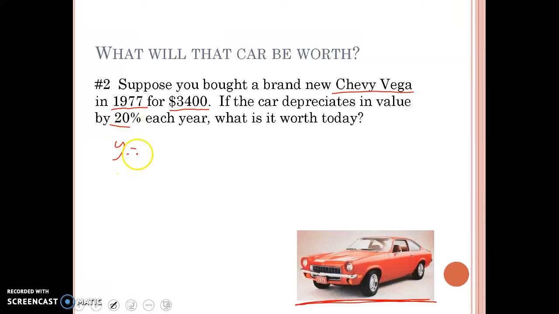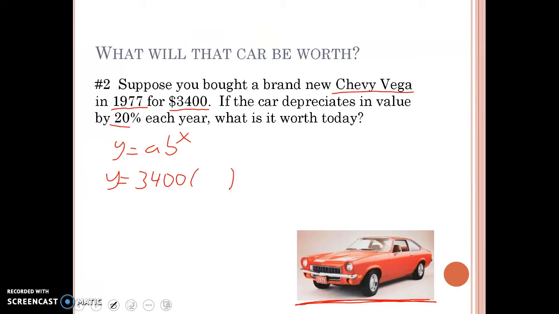If we write this equation in our form, which is a times b to the x, the beginning value of the car was $3,400. But what is the growth factor going to be? Again, if I multiplied it times 1, it would just stay $3,400 forever, and it'd still be worth that today. But it loses 20% of its value every year.